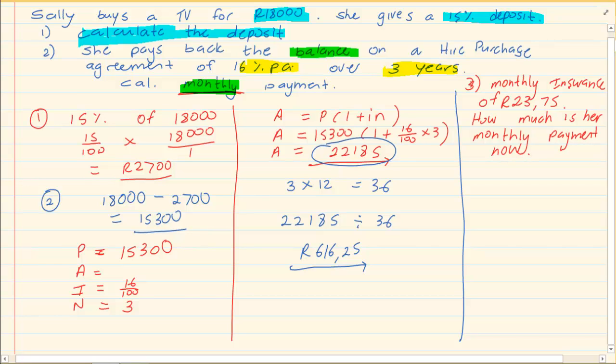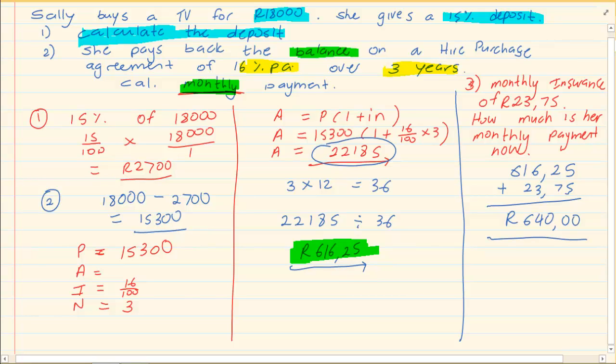So what they're saying is that on the loan she is already paying 616 Rand 25 cents. But she's going to pay a little extra now. So she's going to pay 616 Rand 25 cents, which is her installment based on her interest and her loan. And then she has to pay in another 23 Rand 75, which gives us a total of 640 Rand. So how much is she paying back every month now? 640 Rand.